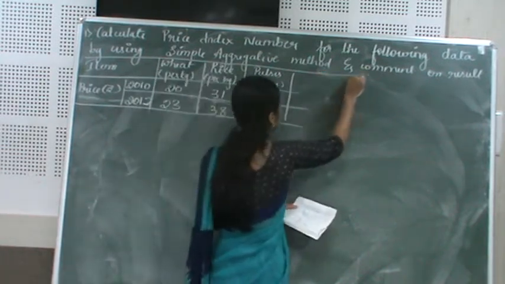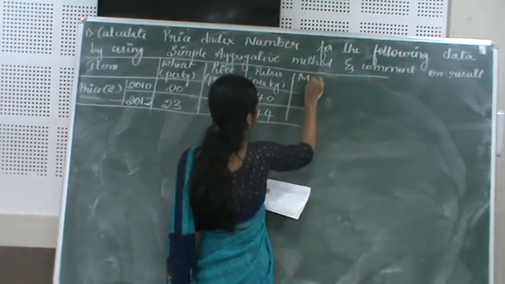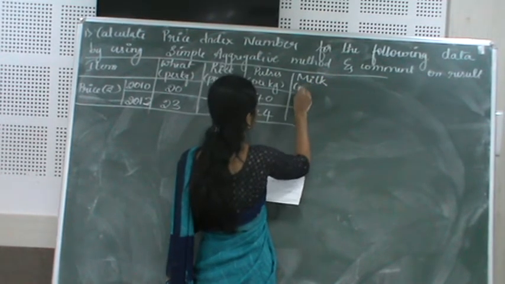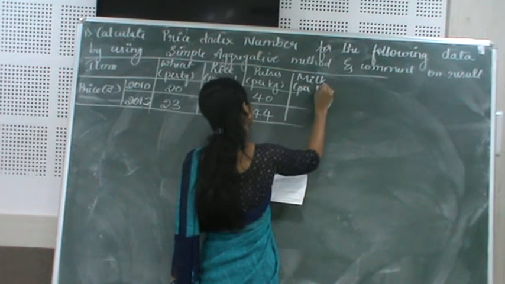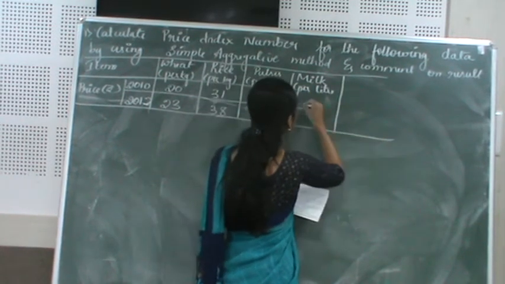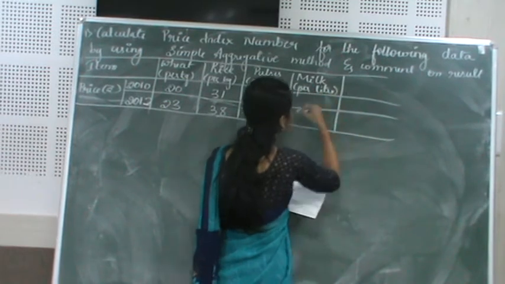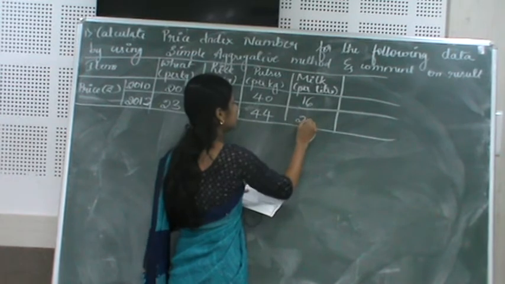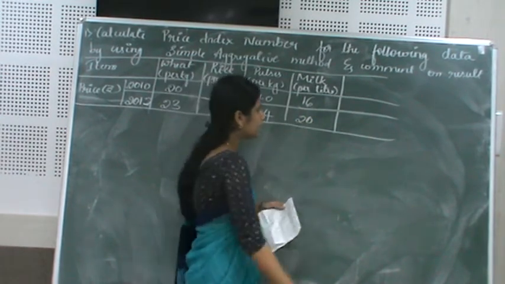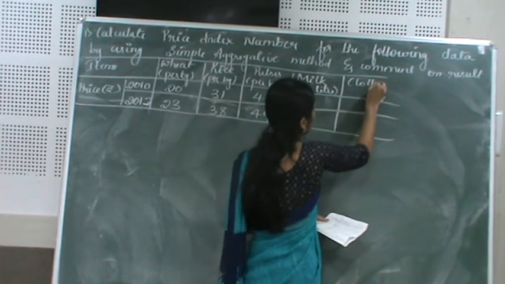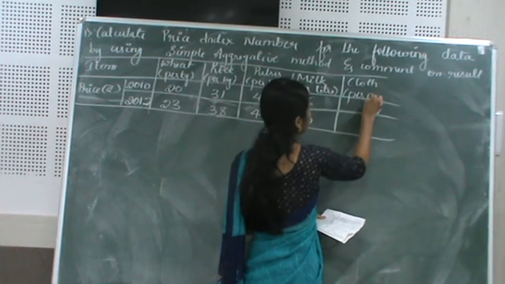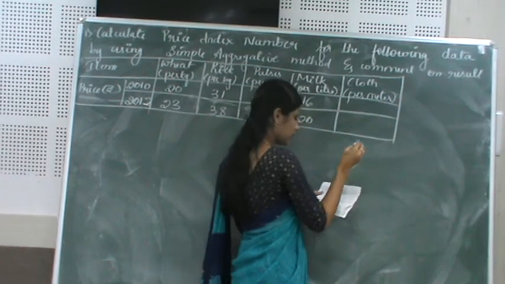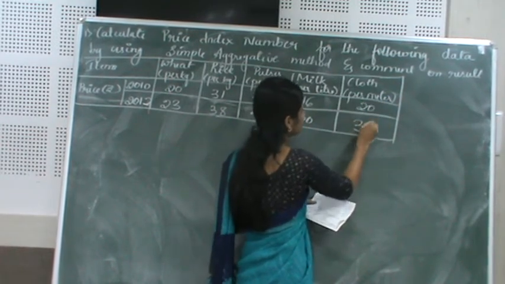Next item is milk, per liter. Price in 2010 is 16, whereas in 2012 it is 20. Next, cloth per meter: price in 2010 is 20 and price in 2012 is 30.